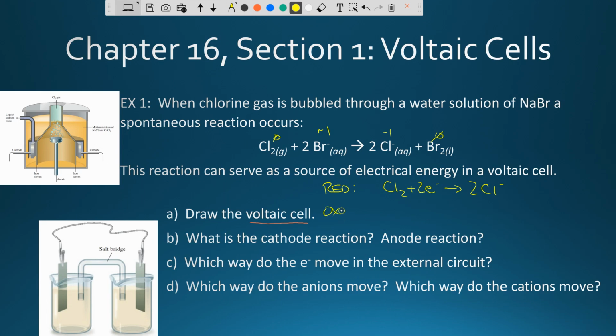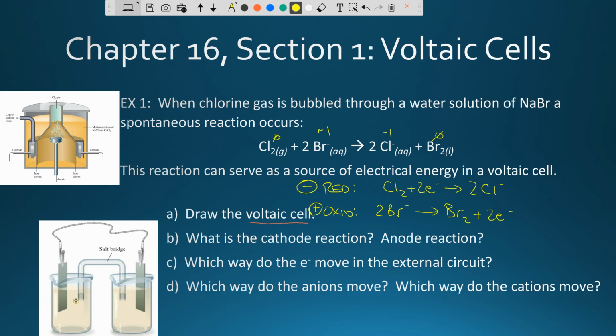And then on the oxidation end of things, my 2 bromide ions are going to be forming the bromine gas, and to do that, they will be giving off 2 electrons. So my bromine is becoming more positive, and my chlorine is becoming more negative. All right, so what does that mean as we go back over here?